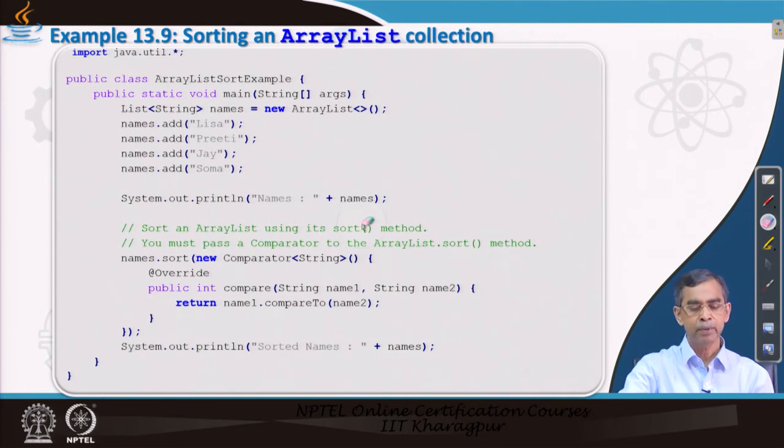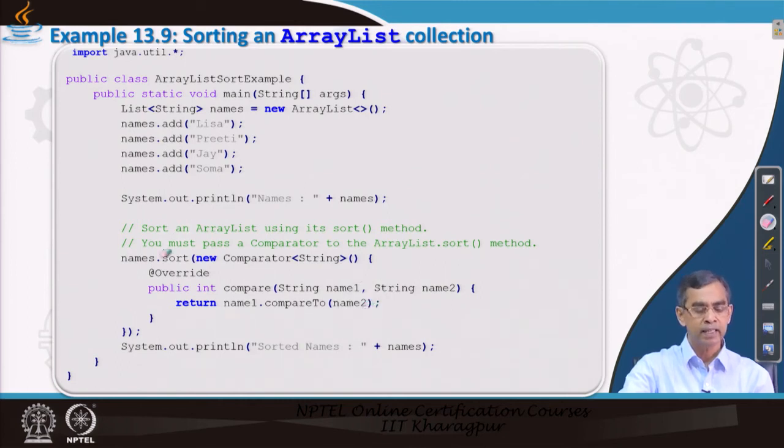So, here is an example. You create a list, the name of the list or collection is names, and initially it includes these elements, and we modify the sort comparative method. We call this sort method, which is basically the ArrayList sort method, and then we pass this comparative method, which is basically the string compare, name1.compareTo(name2).